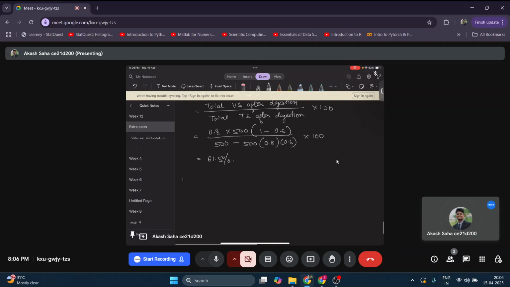So average specific gravity. So again for the digested sludge we have to do. So 38.5% will be solids because the remaining will be water.